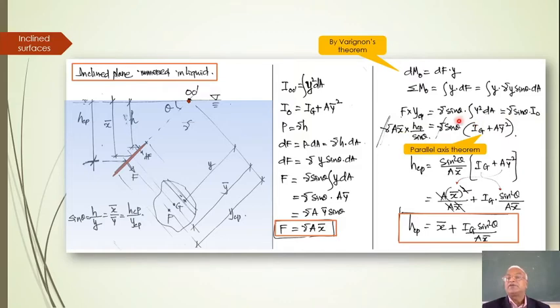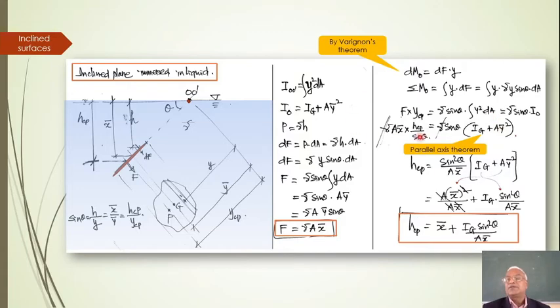This sin theta goes there, and I naught is equal to I G plus A Y bar squared. Now this is by the parallel axis theorem. I naught can be replaced by I G plus A into Y bar squared.